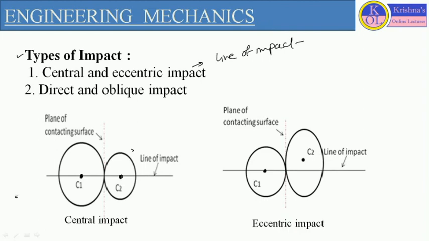This is the diagram of central impact, and we can define the central impact on the basis of the position of the mass centers of the bodies. Let us consider two bodies, body 1 and body 2. Now we should know the basic terms related to collision. Here we are considering two bodies which are subjected to some applied force in a particular direction.